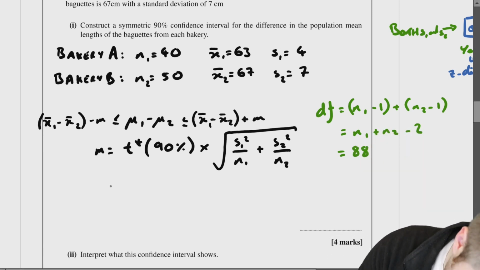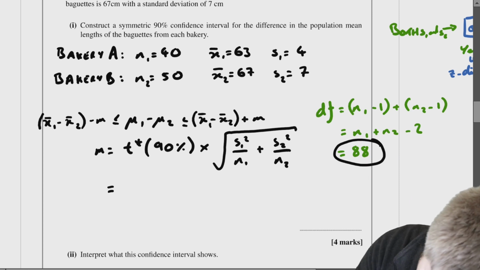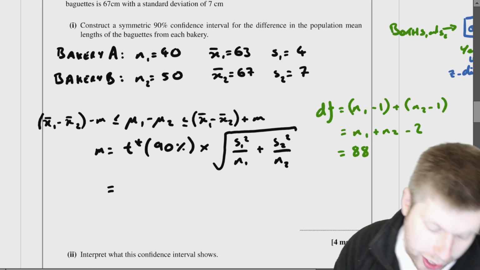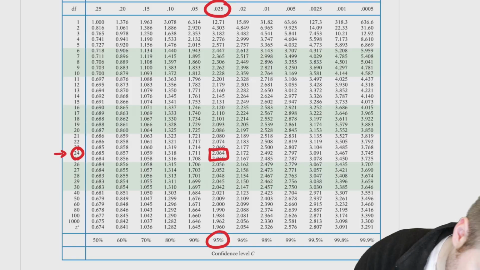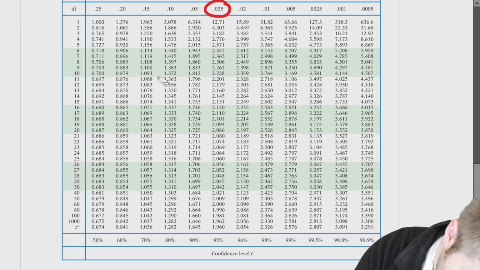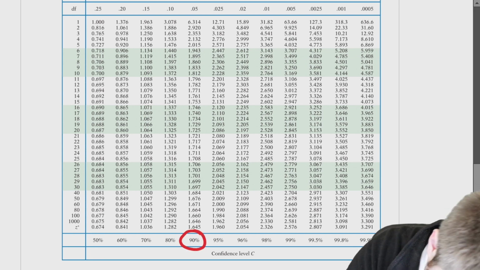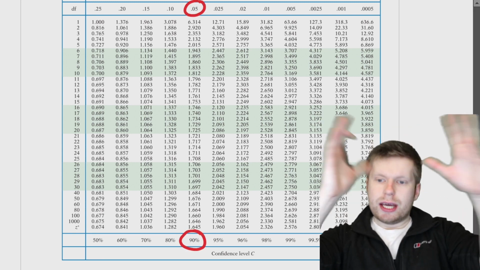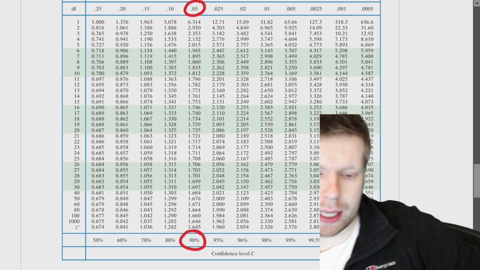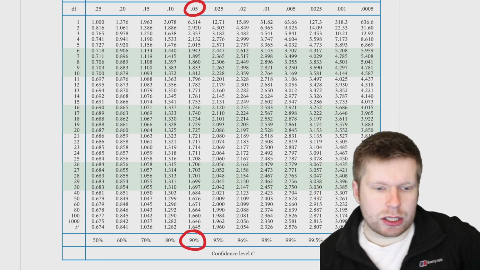So let's go ahead and calculate it. First of all, I know 88 degrees of freedom, and I'm looking for a 90% confidence interval. So let's jump back to our tables. Let's get rid of the last question. I'm looking at a 90% confidence interval, or a 5% upper tail probability, because of course 10% is split over 2 tails, so 5% each. And I'm looking for 88 degrees of freedom.